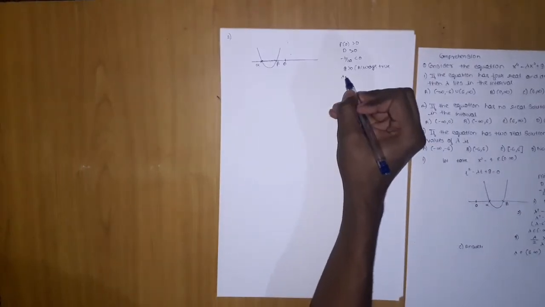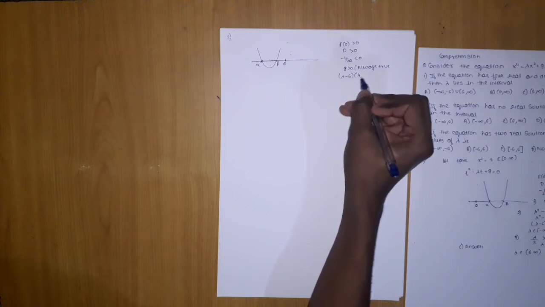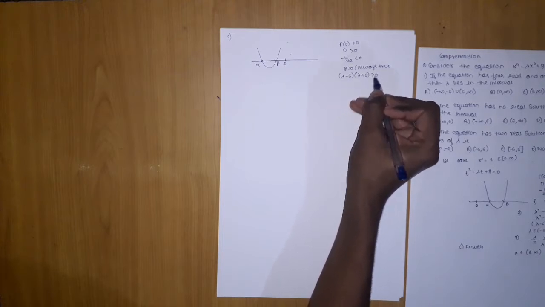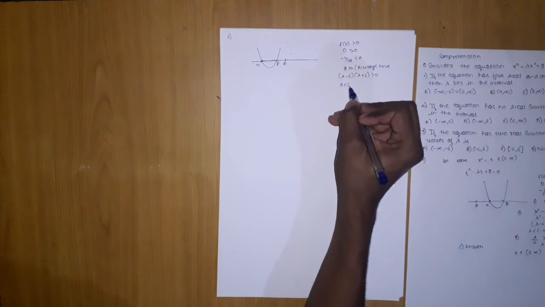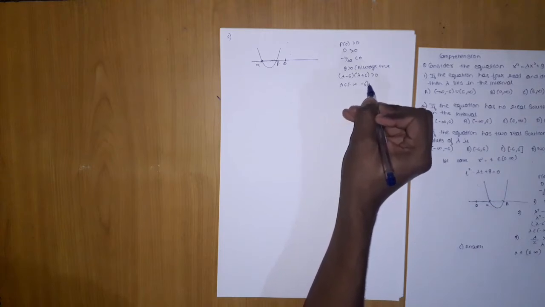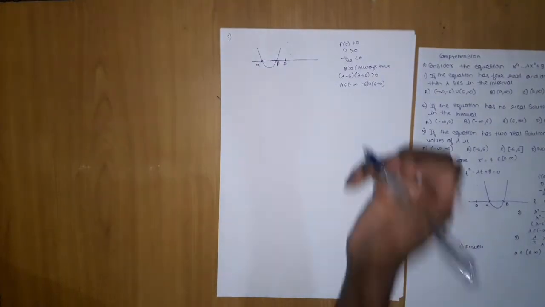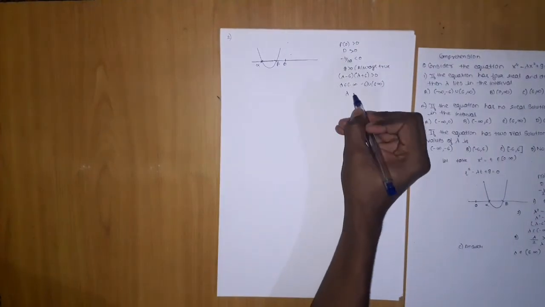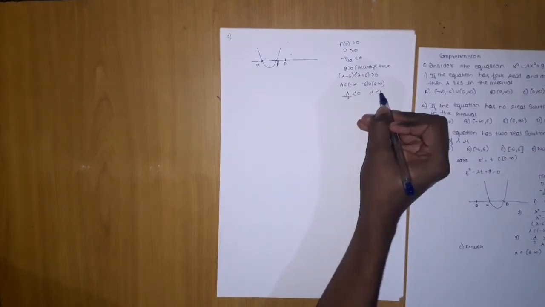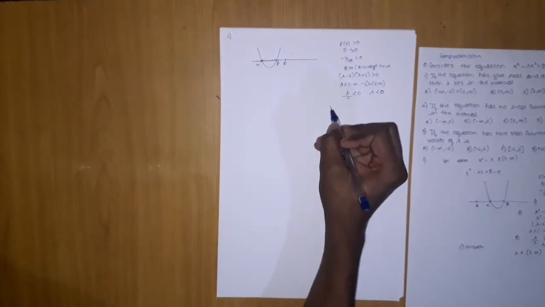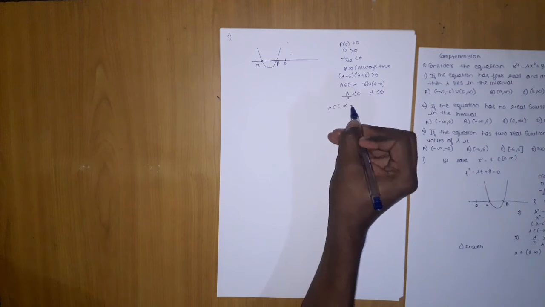D we will again get, we will not do it again, minus infinity to minus 6 union 6 to infinity. Now lambda upon 2 should be less than 0, so lambda should be less than 0. Now lambda will belong from minus infinity to minus 6.